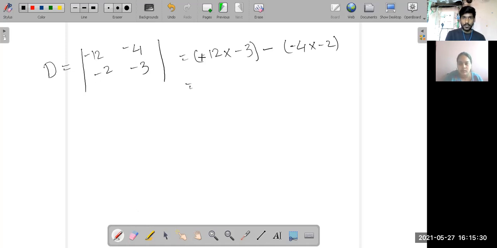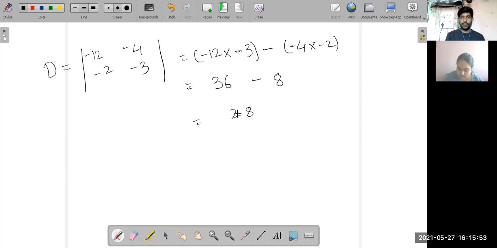Okay. Now minus into minus. 12 into 3 will give you plus 36. Minus into minus will become plus. Then this minus sign here, minus into minus again plus. So 4 into 2, 8. So 36 minus 8, which is plus 28.